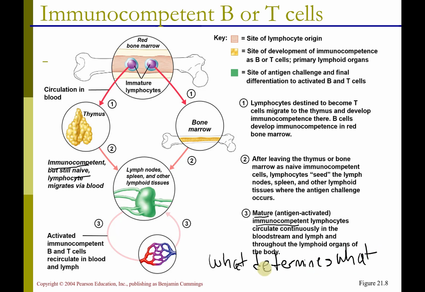You could say, well, it's what you're exposed to. But it can't be, because remember that you have the receptor for the antigen before your immune cells are exposed to that pathogen. And actually the answer is it's our genes.